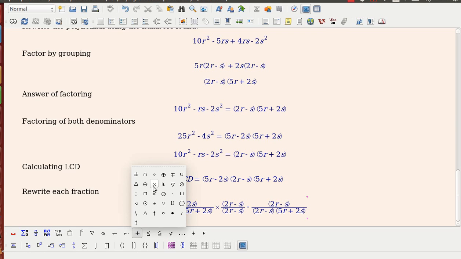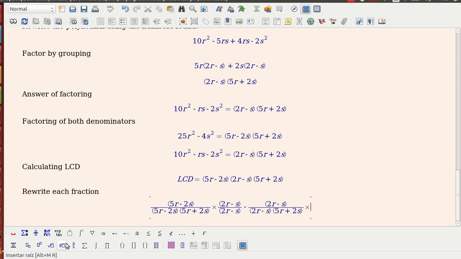Let's multiply by a fraction to obtain the LCD. We have 2r minus s and 5r plus 2s, so we have to multiply by 5r minus 2s.